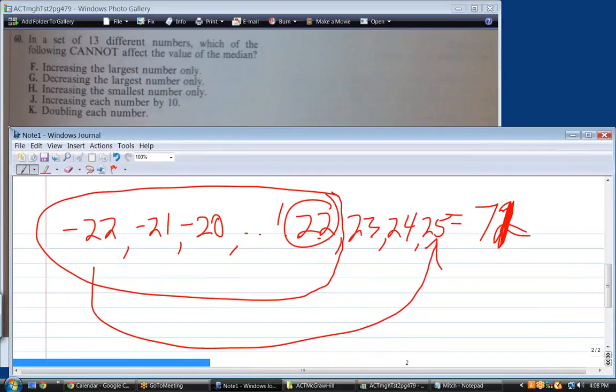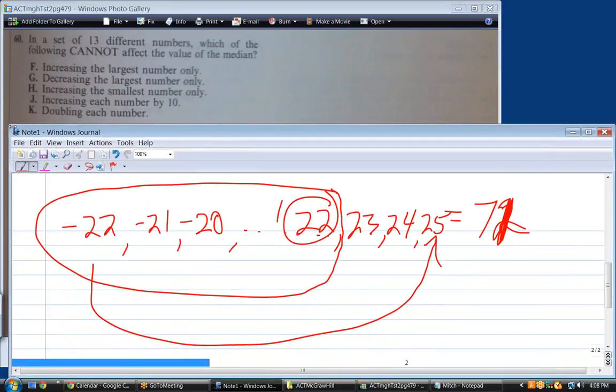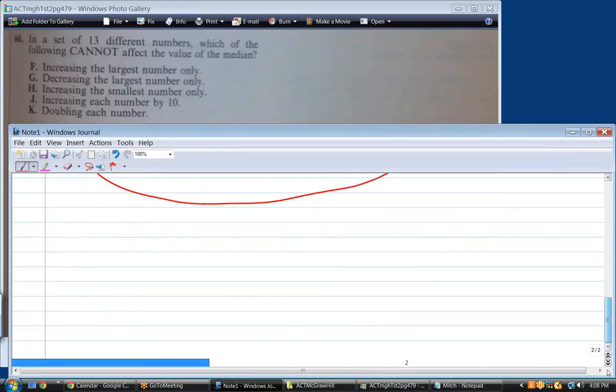Okay, you know the difference between mean, median, and mode. Yeah. Okay. If we have a set of 13 numbers, which of the following cannot affect the value of the median?